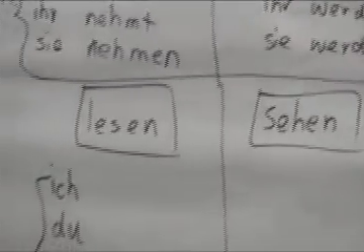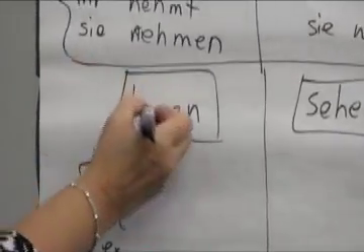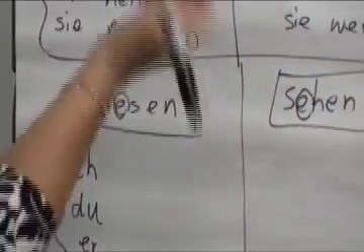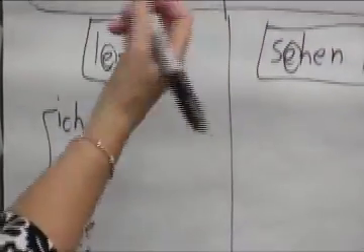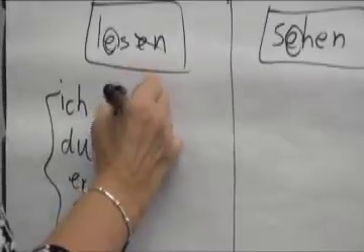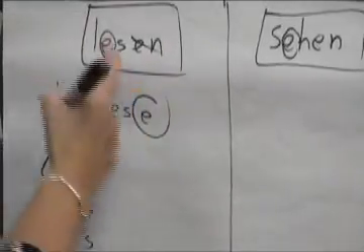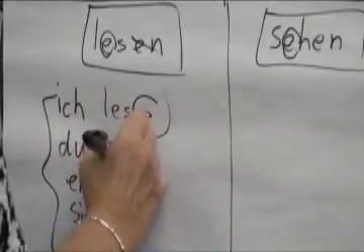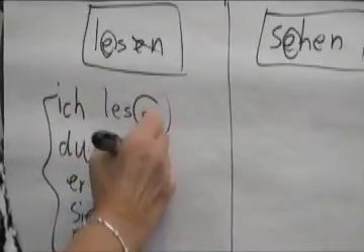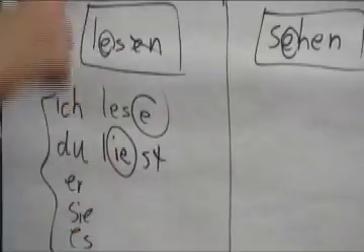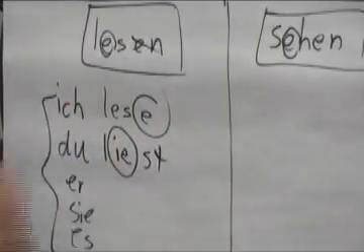Let's look at lesen. Watch me carefully, see what this one does. Again, we have the E, right? Lesen und sehen, we have an E. Alright, we know how to do the first one. Drop off the en, add the E to the stem. Ich lese. Now, du, we learned E to I, it does that. But then it sticks an E next to it. Du liest. So, it's I-E.